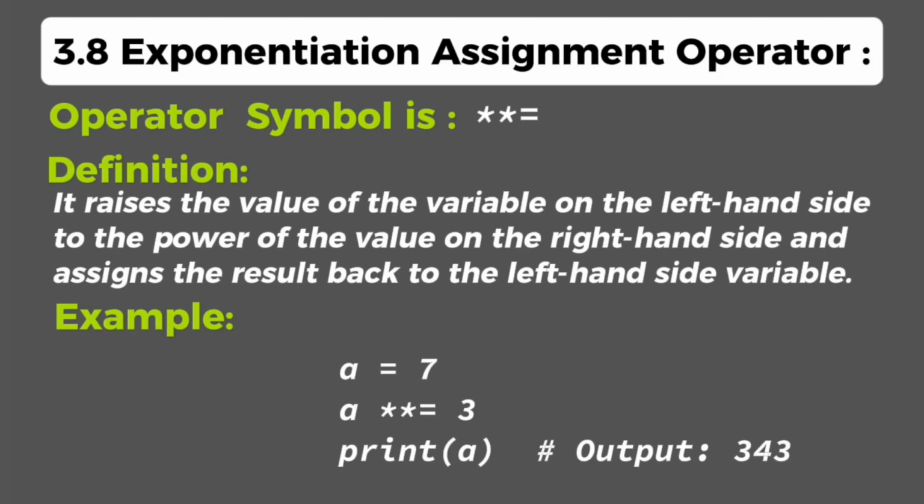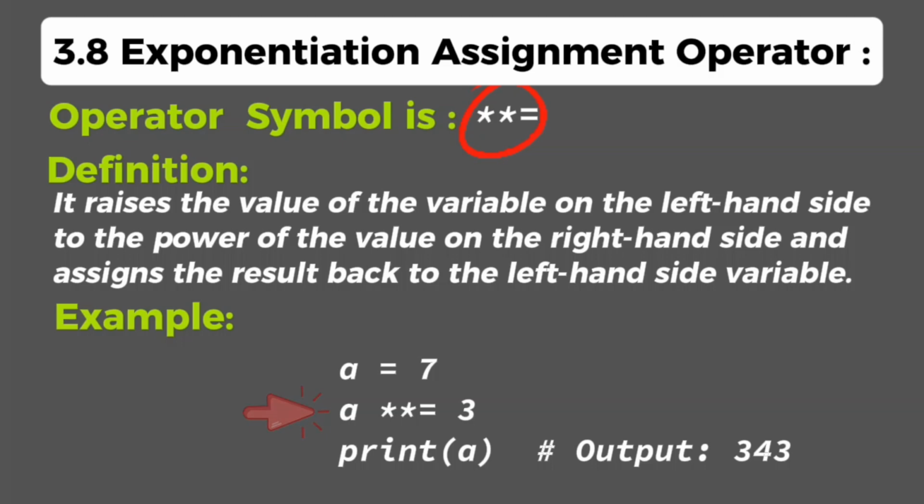The exponentiation assignment operator combines exponentiation and assignment in one step. It raises the left operand to the power of the right operand and assigns the result back to the left operand. Let me explain this code. The variable a is first assigned the value 7.